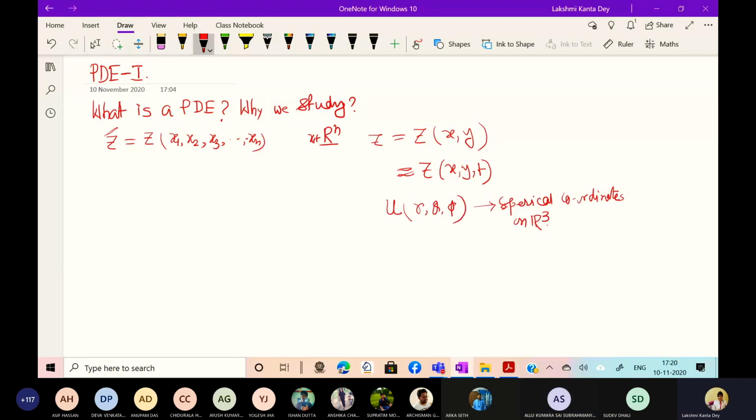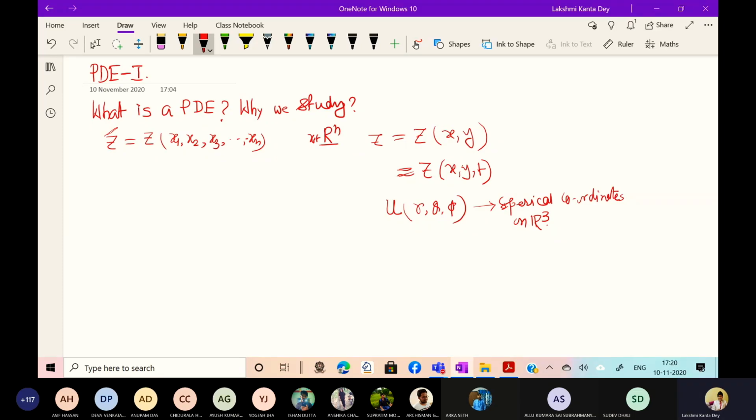There are certain fields like mathematical physics and engineering, such as optics, electricity, hydrodynamics, aerodynamics, electromagnetism, and quantum mechanics. There are several other fields also where partial differential equations and their solutions are studied. Some modeling can be done, and one can get proper solutions, if they exist.